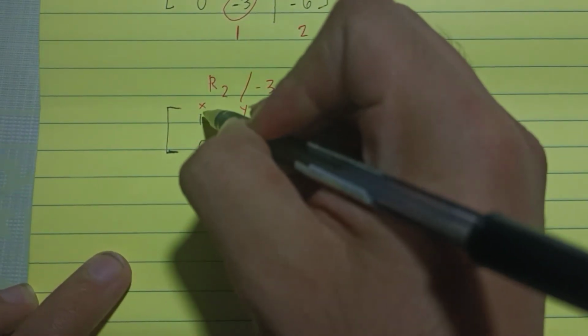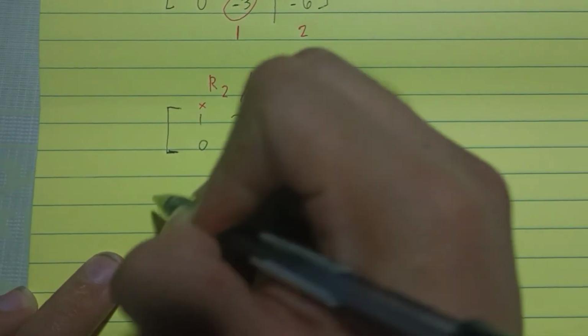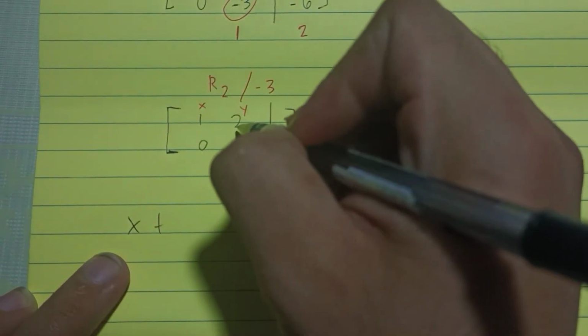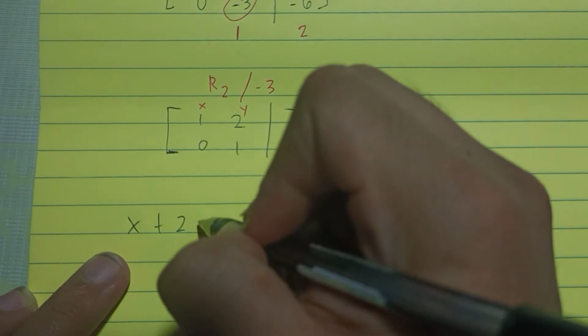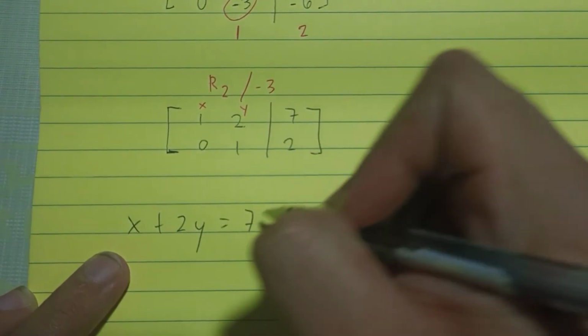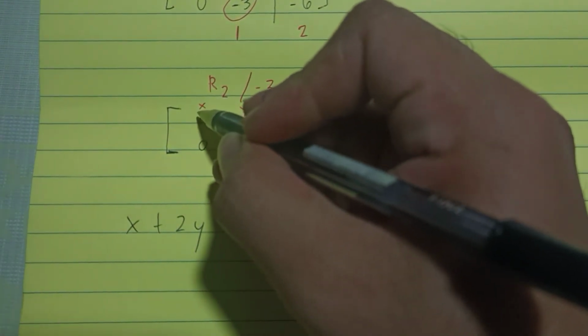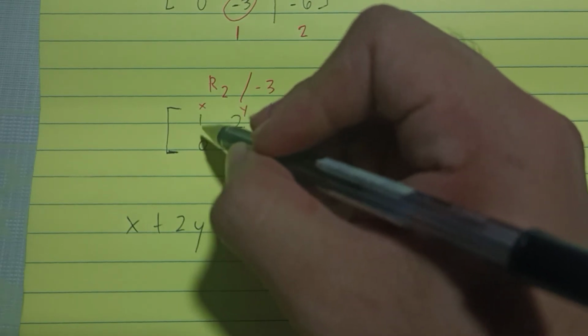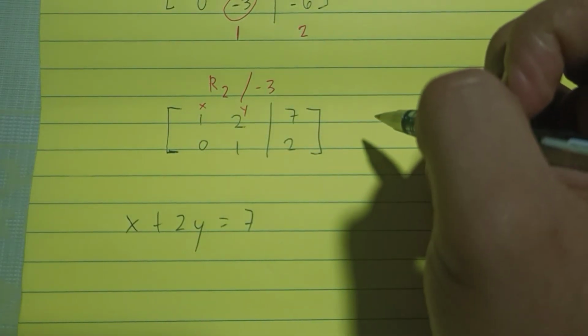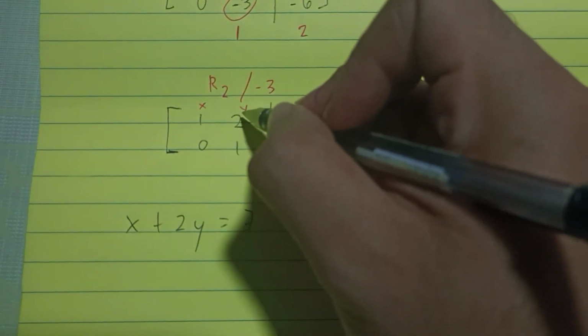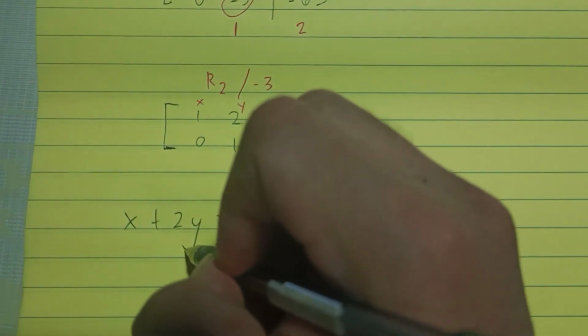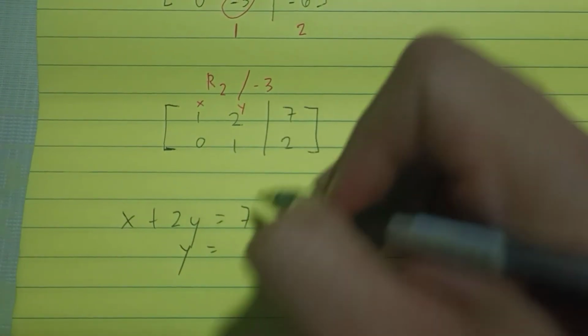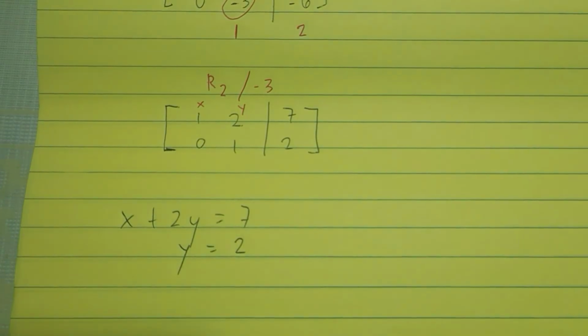So our first equation: x plus 2y is equal to 7. Then since the coefficient of x in the second row is 0, we don't need to write it. Then y is equal to 2.